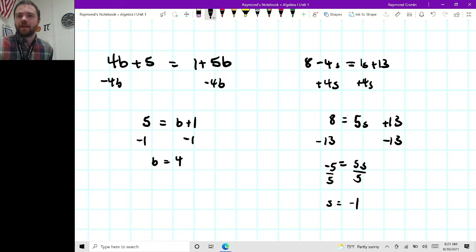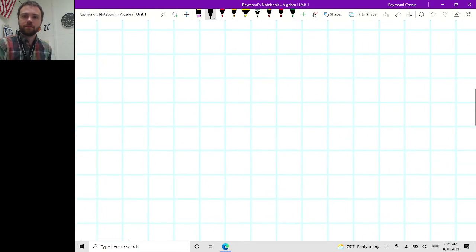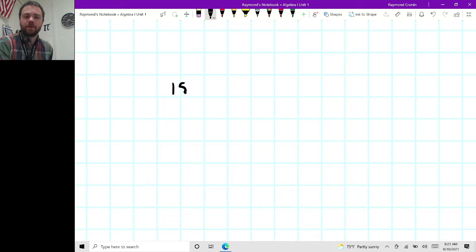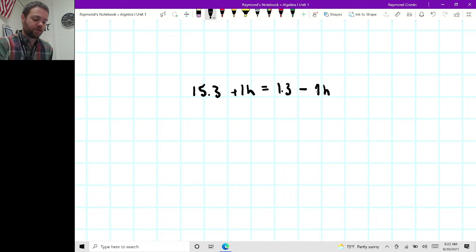But it's not always going to be that easy because we've got equations like this one. 15.3 plus 1h equals 1.3 minus 1h.